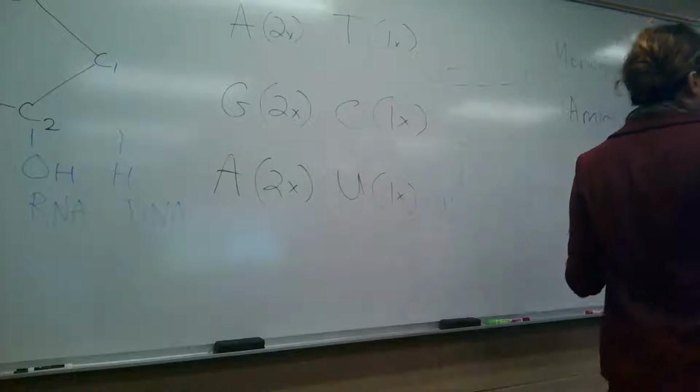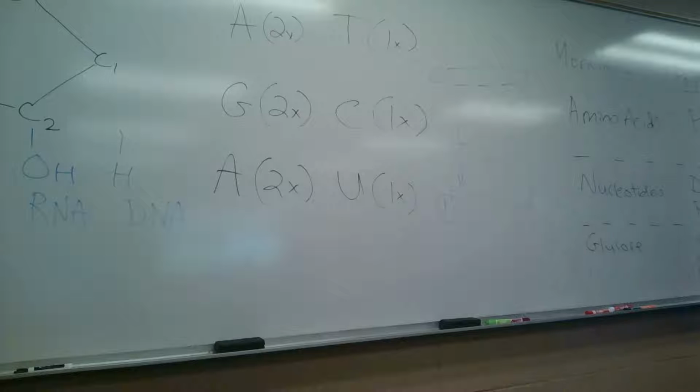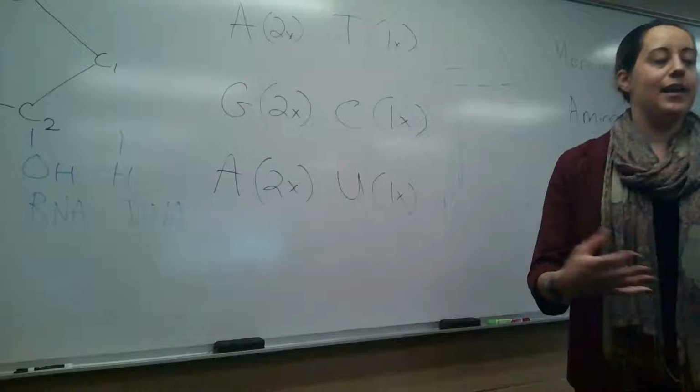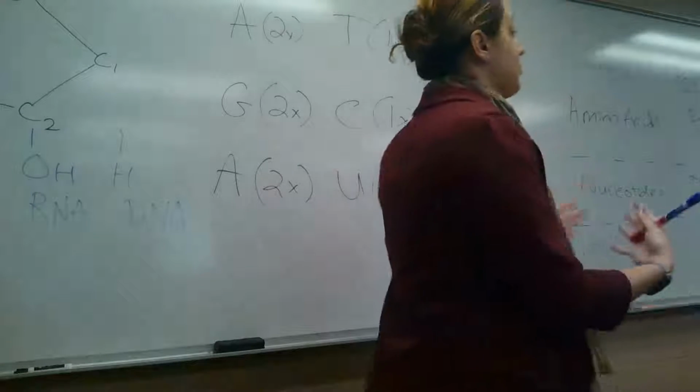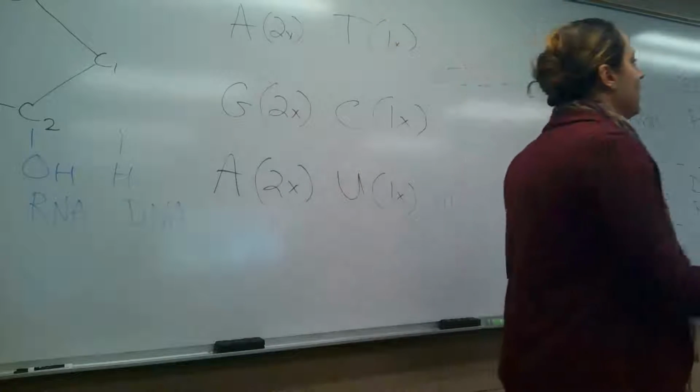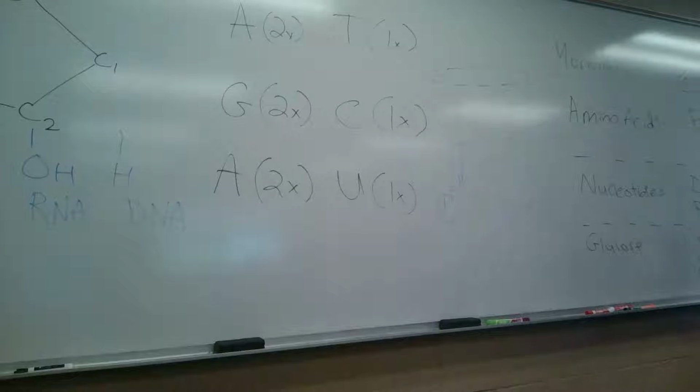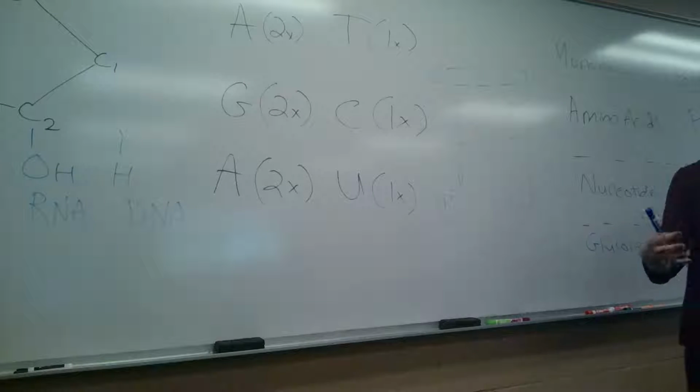This means that when an enzyme is reading a strand of DNA, it can go in one direction, but if it wants to read the other strand of DNA, it needs to go in the opposite direction. And this causes a lot of complications during DNA replication, which we'll talk about next week.